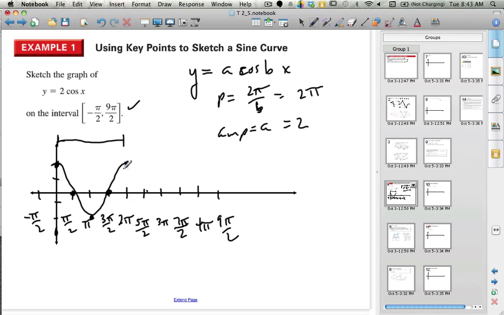But they want me to continue on, so then I'm going to go back to the intercept, back to the minimum, back to the intercept, back to a maximum, and then back to the intercept. So you notice each time I move a quarter, I change one level of height. Now we're graphing the rest of what they asked for.